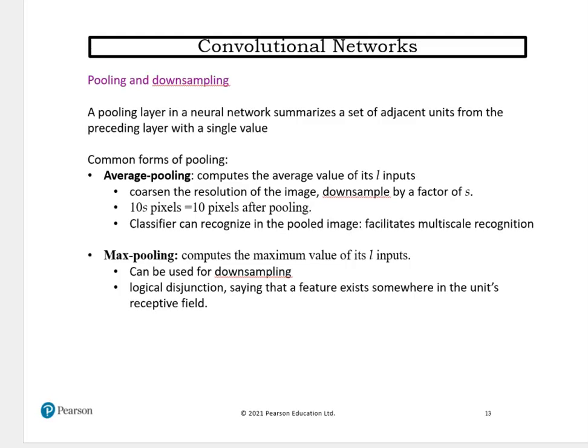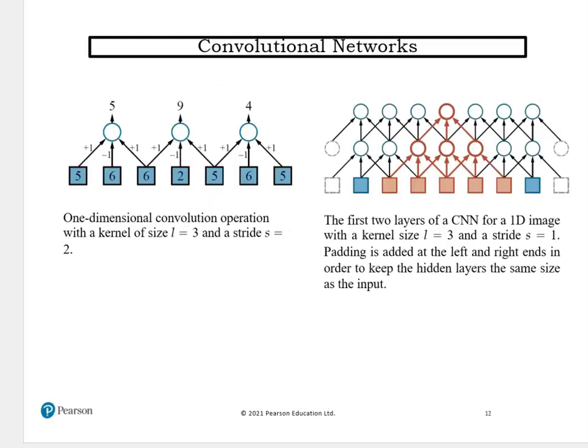Another way to do pooling, instead of taking the average, is to take the max. Max pooling calculates the maximum value over its L inputs, and that becomes the output. It could also be used just for downsampling, where we take just the max. So if we look at the example we did here, we have, for example, 5, 9, and 4.